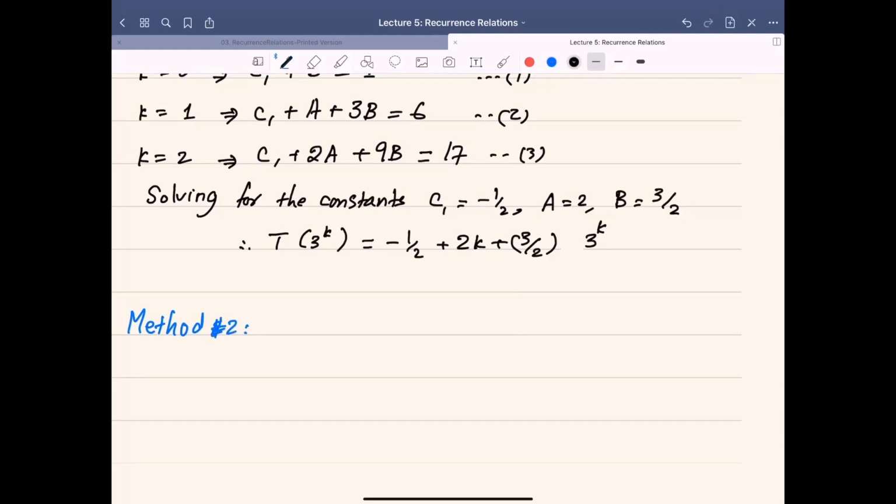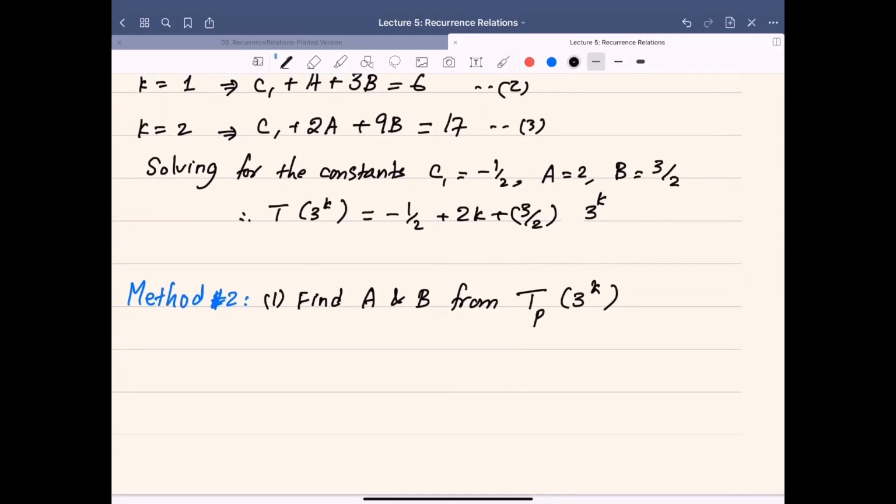we will find the constants in two steps. One, find A and B from the particular solution, which is Tp 3 raised to power K. Let us write our recurrence relation first. And what is Tp?